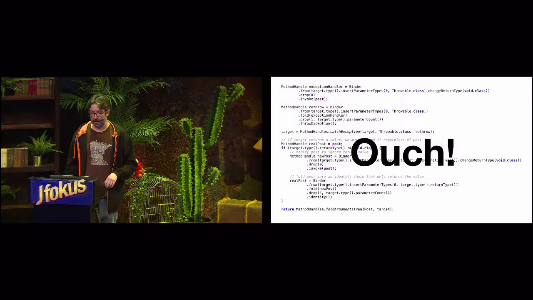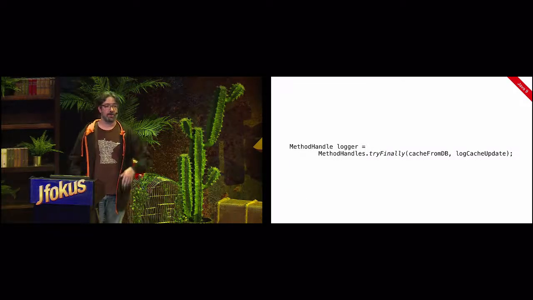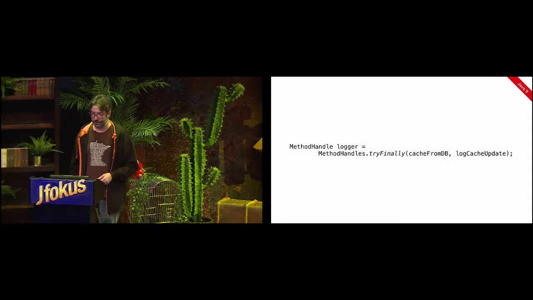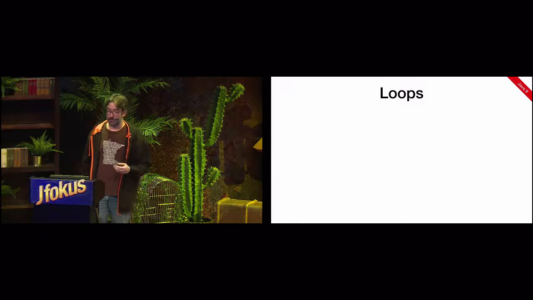This is forcing the JVM to do a lot of work to reinterpret and optimize these handles. We want something simple. And finally in Java 9, we can just say try finally. The JVM understands what we're talking about, and we don't have to build up such a complex graph of method handles. I mentioned that we also have loops of various types.